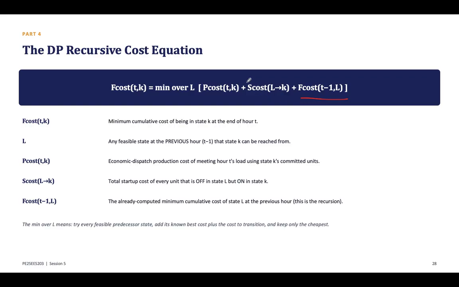Here you have that S cost from L to K. Once state K is reached, the current load is supplied at the production cost of P cost t comma K. So this is the production cost at the current hour, and this is the startup cost from L to K.